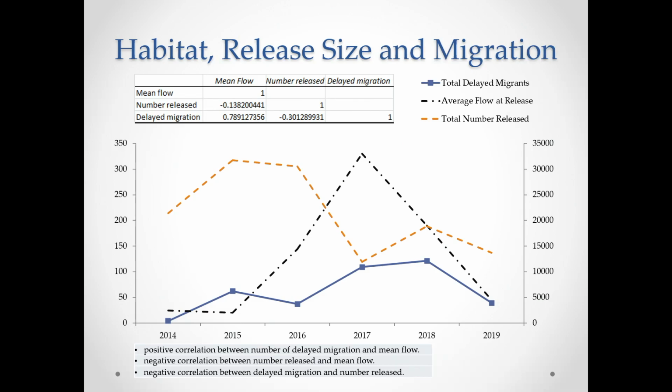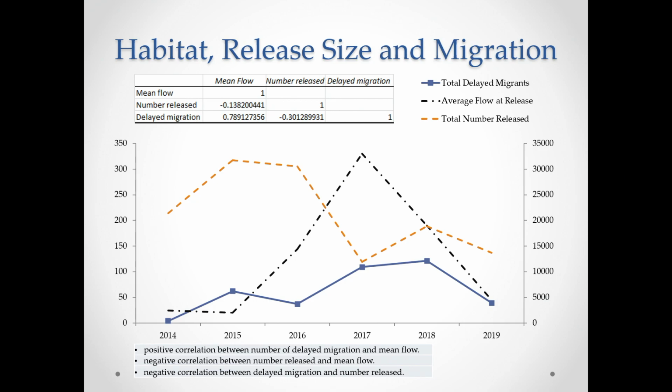But just looking at it from an eye test, on the left there are numbers of delayed migratory fish, which is colored in blue. The yellow line is on the right, and that's total numbers of fish released. And then the black line represents the average discharge.